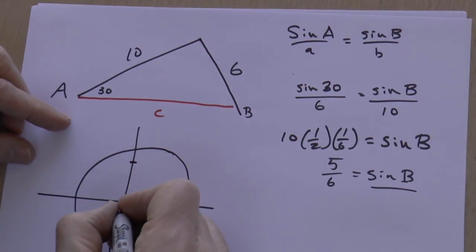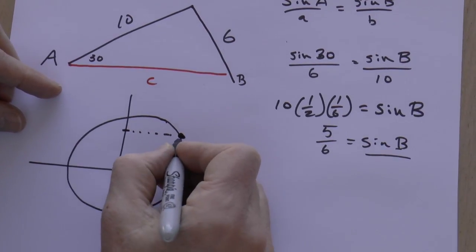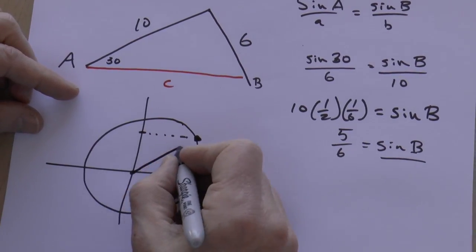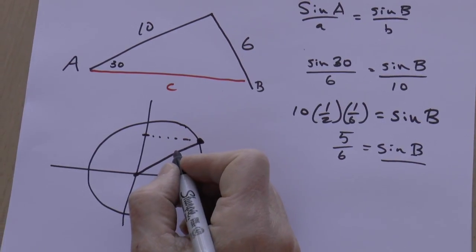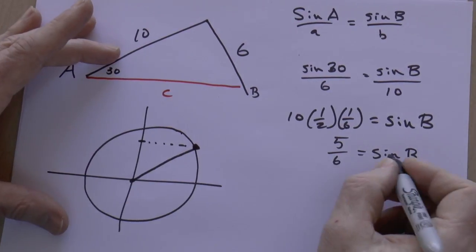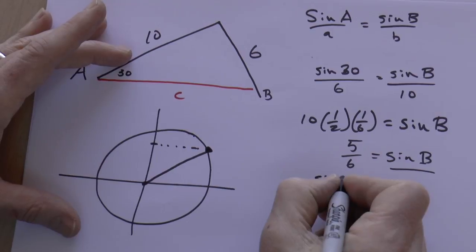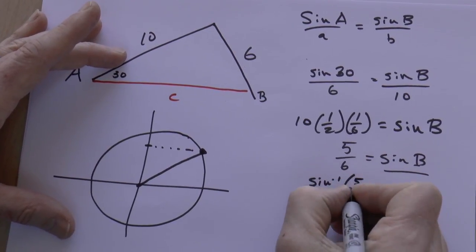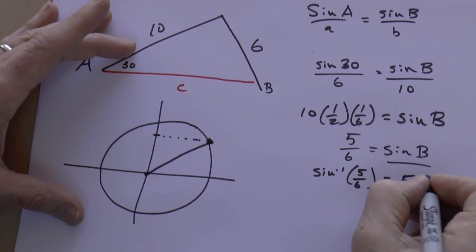All right, for the sine, it's going to be here. We can find that out. And I previously calculated this, so I'll just look at my notes. And we get 56 when we do the arc sine, sine -1 on your calculator of 5/6. That's interesting, we get 56 degrees.